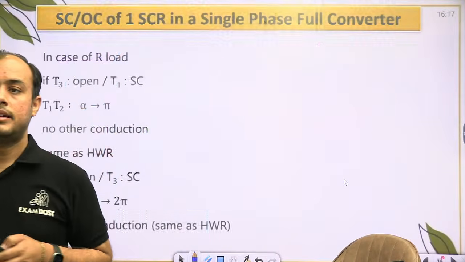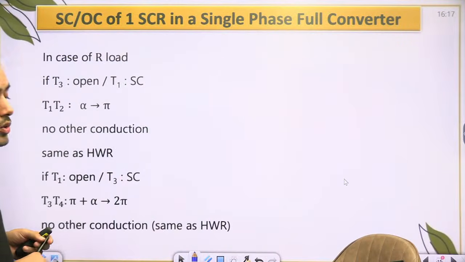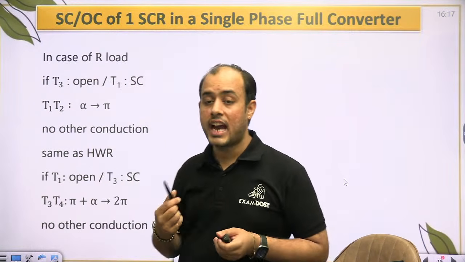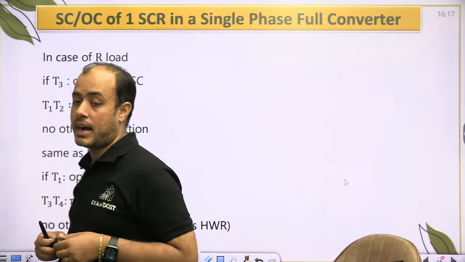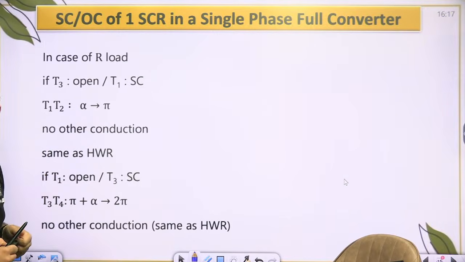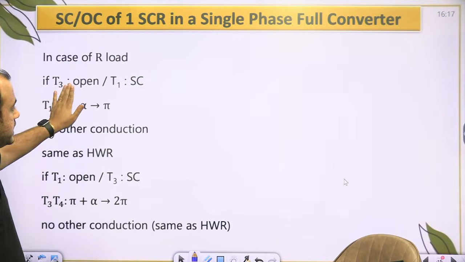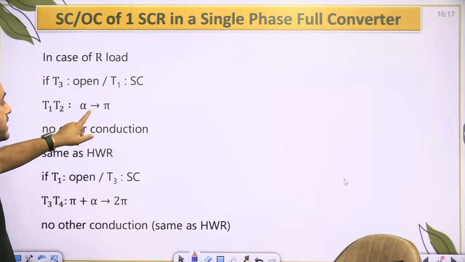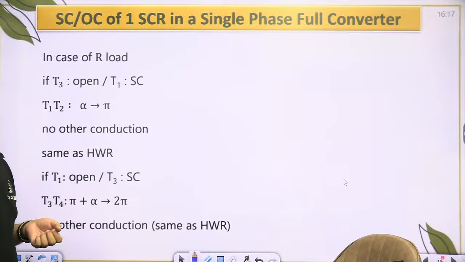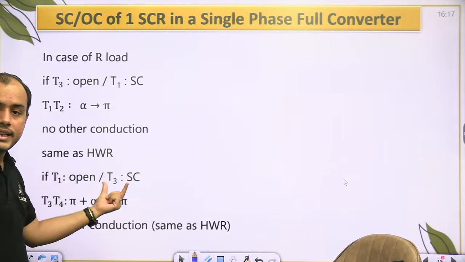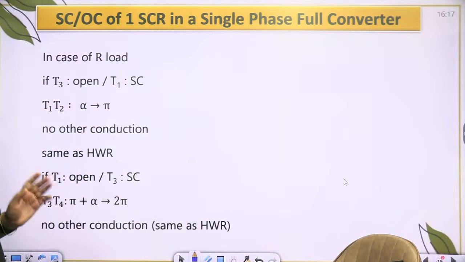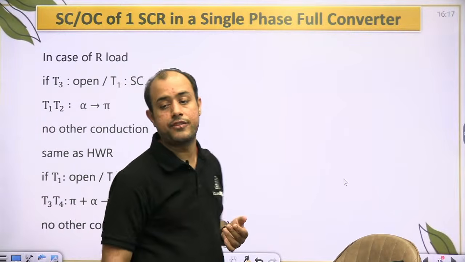Okay, beta, clear? So in case of R load, you do not have to take the conduction beyond pi. So instead of going up to pi plus alpha, conduct from alpha to pi only. If T3 is open or T1 is short circuited, T1, T2 will conduct from alpha to pi. It is same as a half wave rectifier. If T1 is open, T3 is short, T3, T4 will conduct from pi plus alpha to 2 pi. It will work like a half wave rectifier.